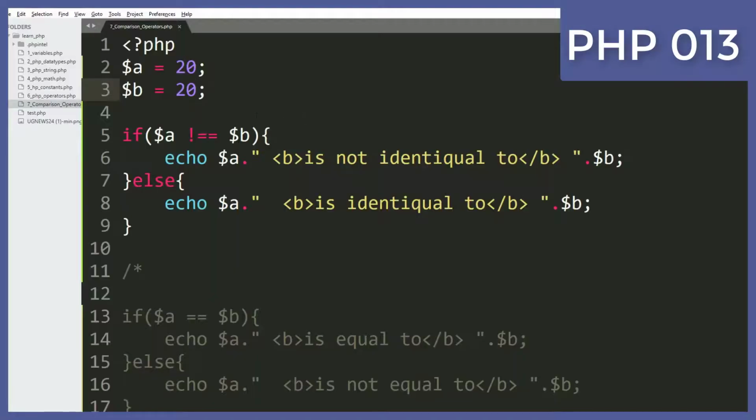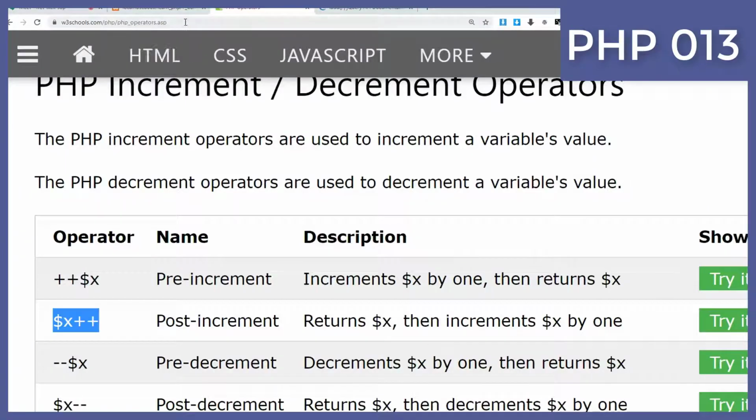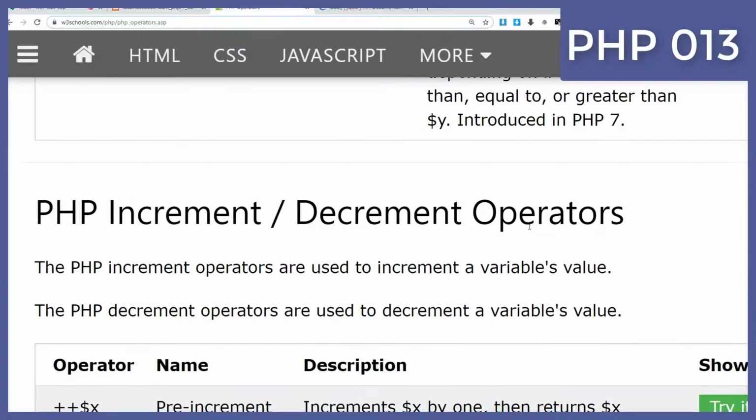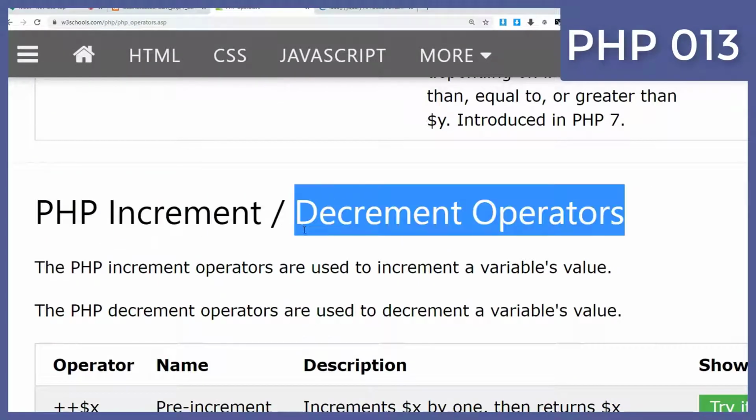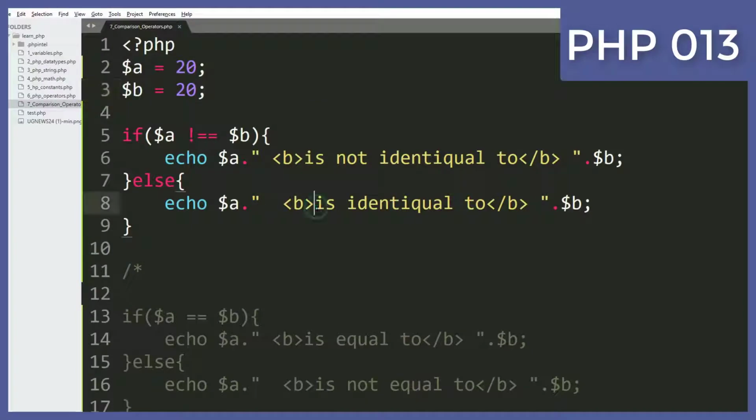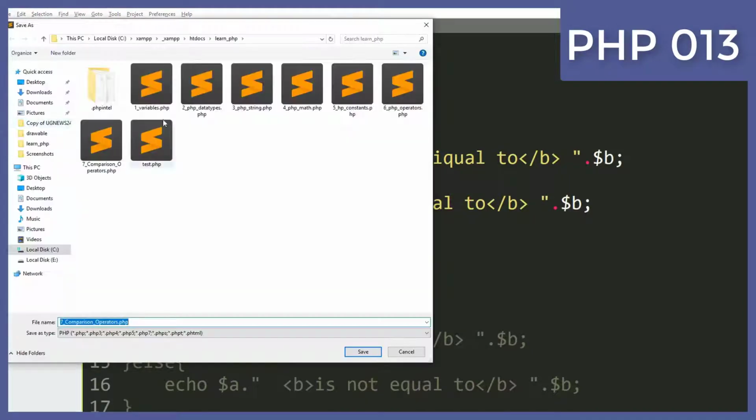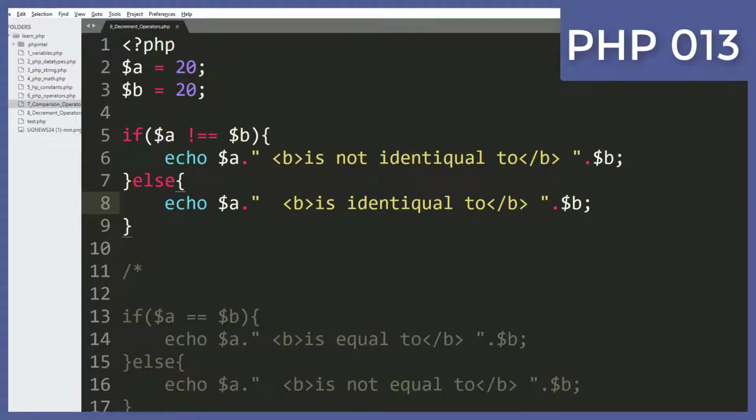What I'm going to do is create a new file. I'm going to change this one to increment and decrement. So I simply press Ctrl+Shift+S and make this one number 8, with an underscore and .php, and save.